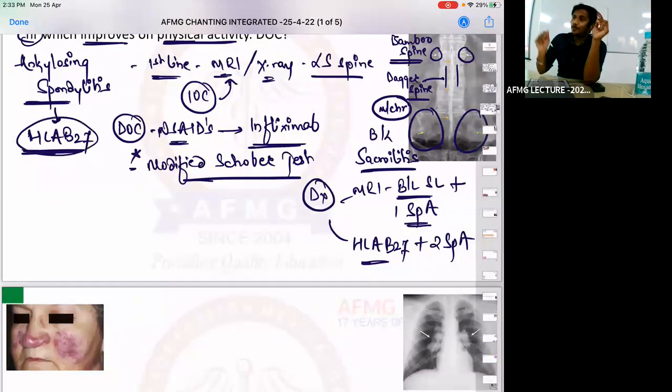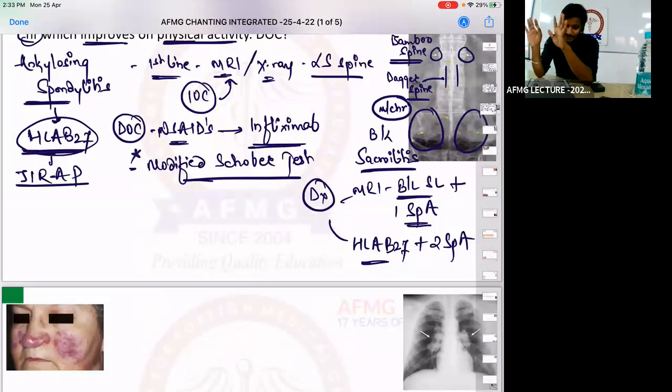This is an HLA B27 positive arthropathy. Other HLA B27 positive arthropathies: giraffe is a mnemonic I have used to remember HLA B27 positivity. J for juvenile rheumatoid arthritis. I for inflammatory bowel disease, that is Crohn's disease or ulcerative colitis; the patient will also complain of arthropathy, which is also HLA B27 positive.